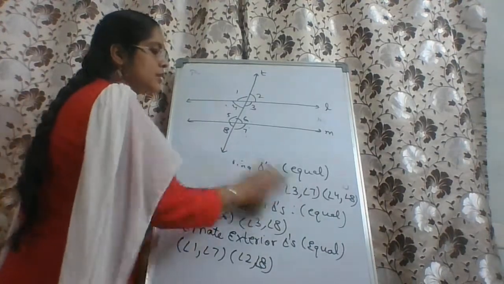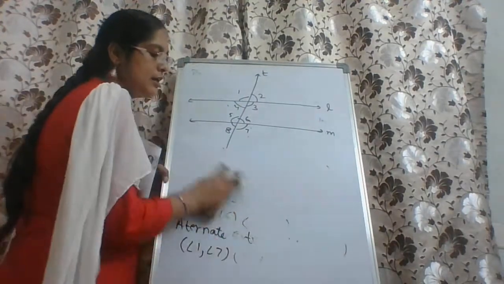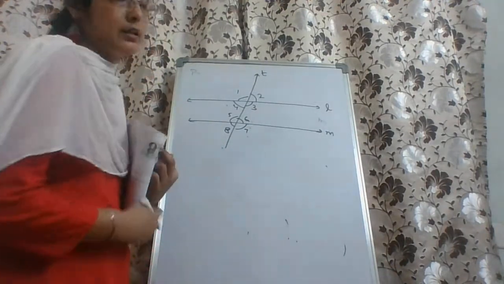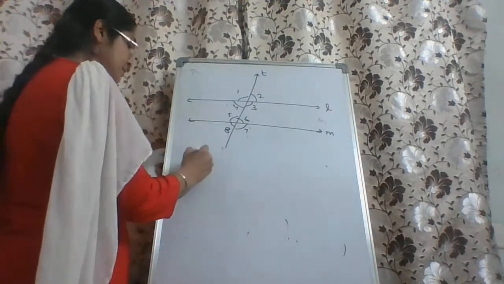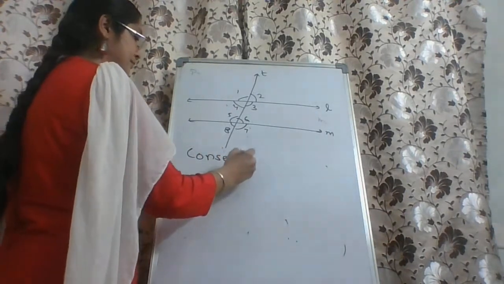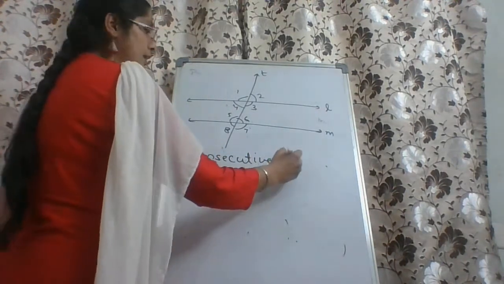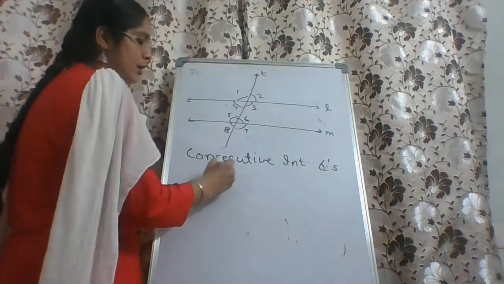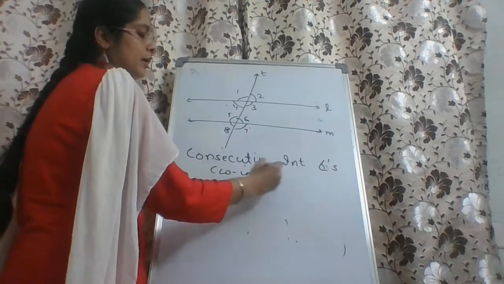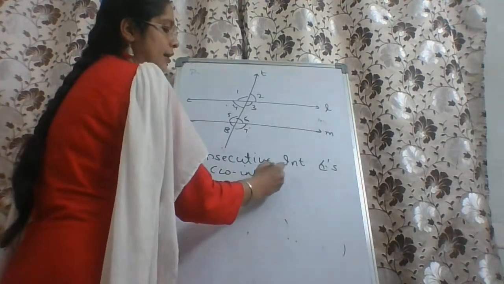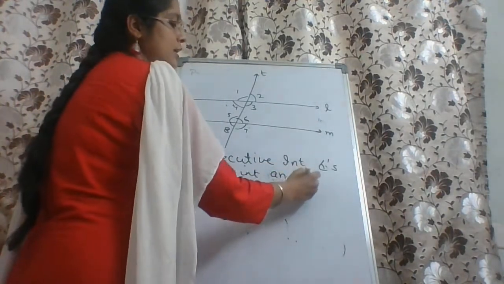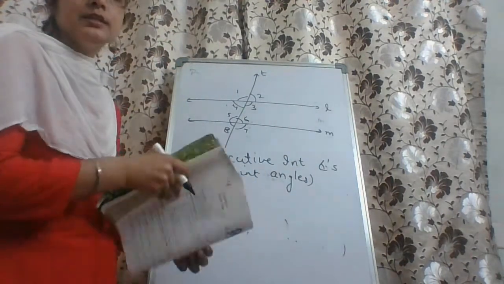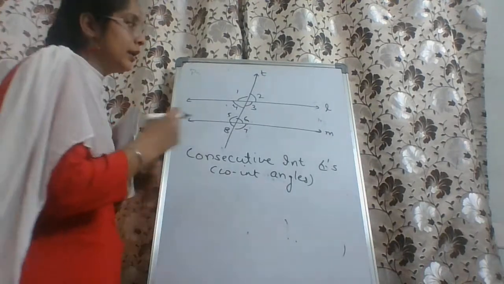Coming to consecutive interior angles, they are also called co-interior angles. Here the condition is the sum of the two angles is always 180 degrees.